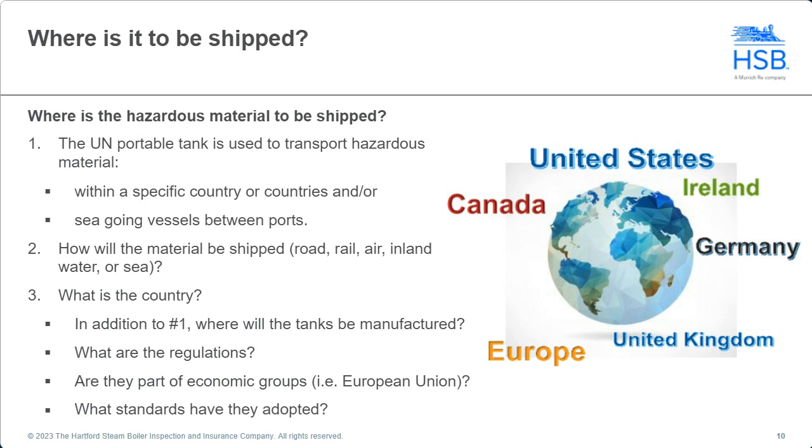And then the last one: where will the tanks be manufactured? And what are the regulations? Normally, if they're going to be transported in the U.S., we have to follow 49 CFR requirements. If they're going to be transported in Europe, we have to follow the Carriage of Dangerous Goods, or whatever that country says. It's also important where it is manufactured. An example would be Transport Canada. For Transport Canada UN portable tanks manufactured outside of the U.S., you can meet 49 CFR requirements and approve it per 49 CFR requirements.